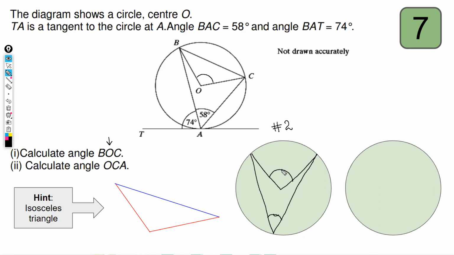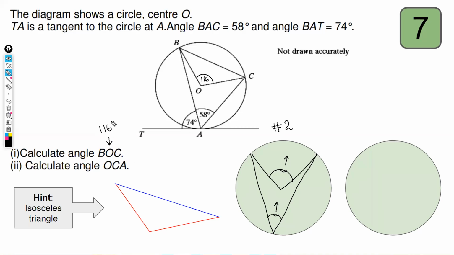And both eyes are looking in the same direction. Both of them looking upwards. Remember, the one at the center will always be twice as large. So if he has 58, if you multiply him by 2, you get 116. So that's the easy part of the question.